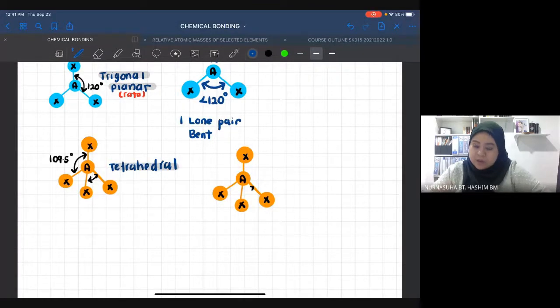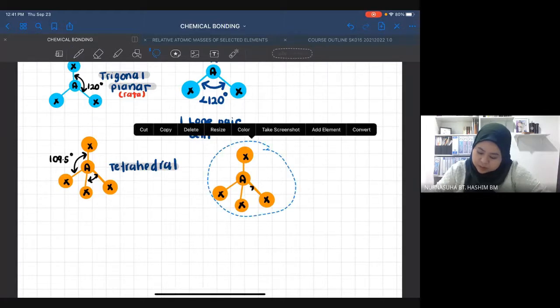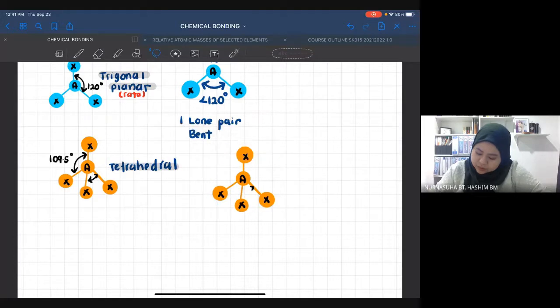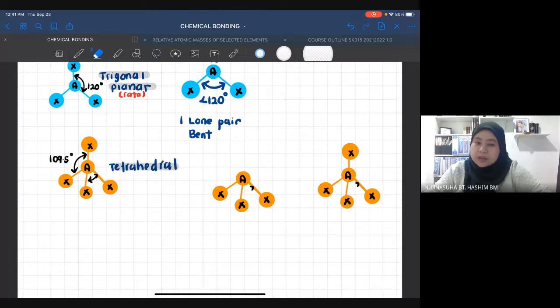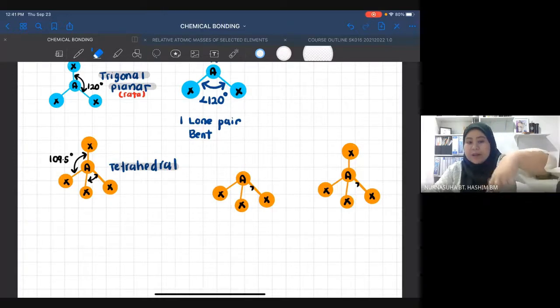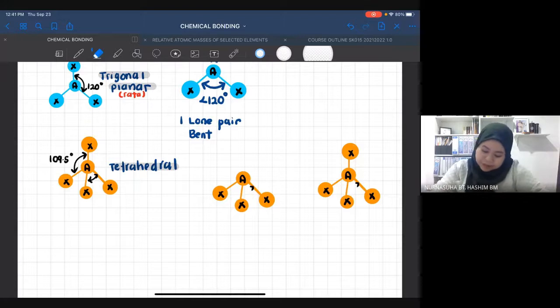Okay, if we have one lone pair, kita padam satu bond. Cuba tengok bentuk dia sekarang macam piramid kan, piramid bertapak segi 3.